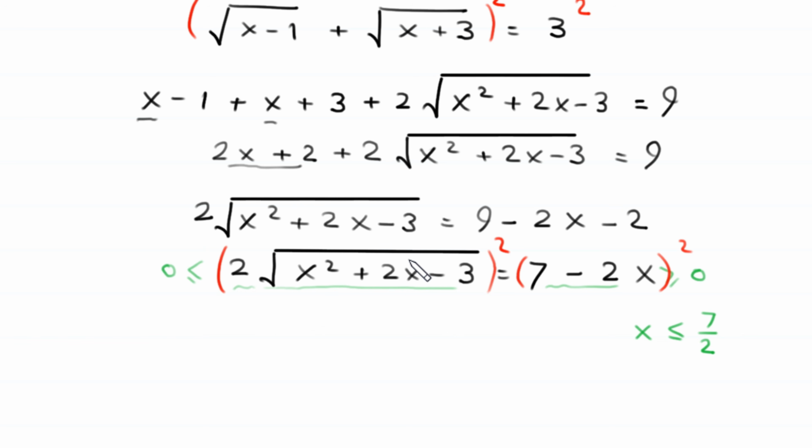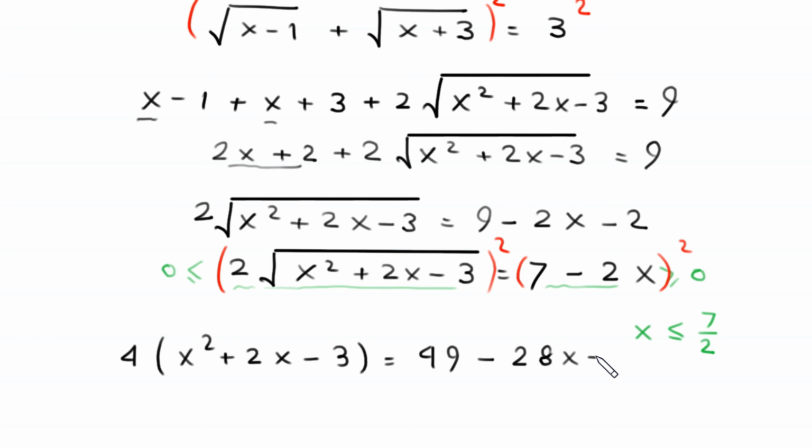This left hand side will become 4 times x squared plus 2 times x minus 3 equal to, right hand side will become 7 squared is 49 minus 28 times x plus 4x squared.